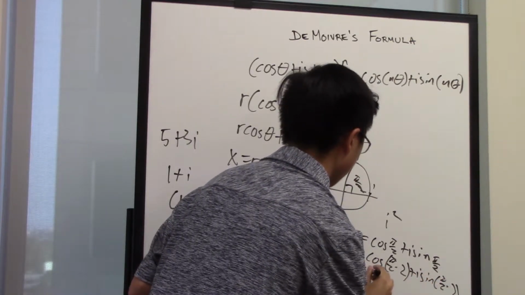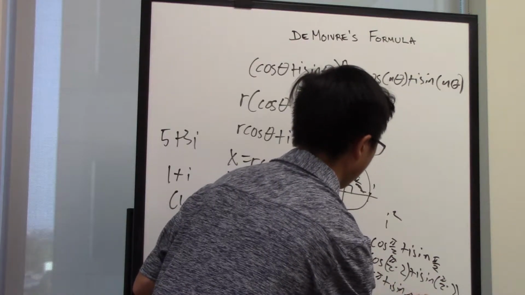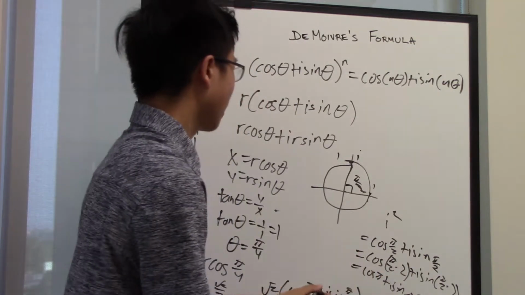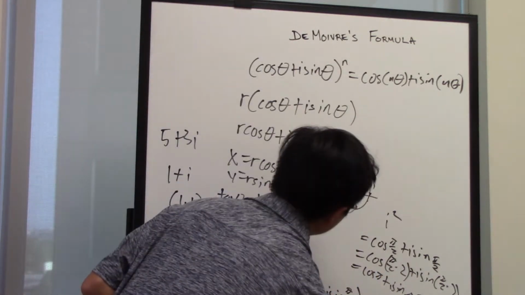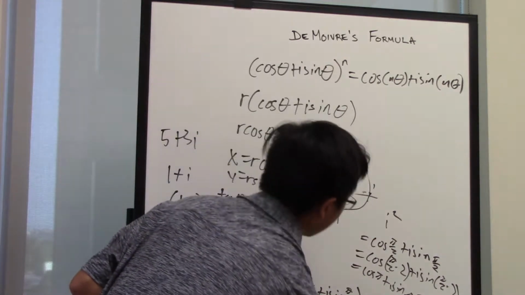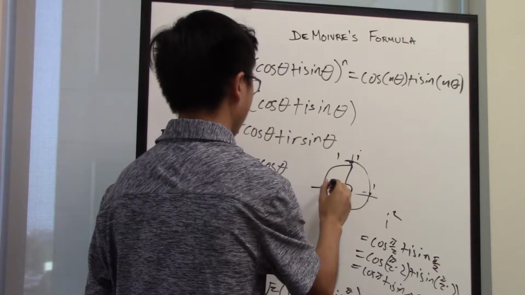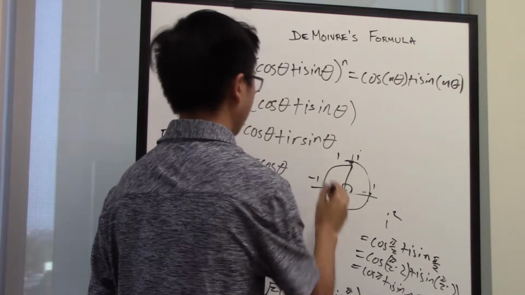And this would be equal to cosine of pi plus i sine of pi. And this is negative 1, since this angle pi would take us over here to the negative 1.